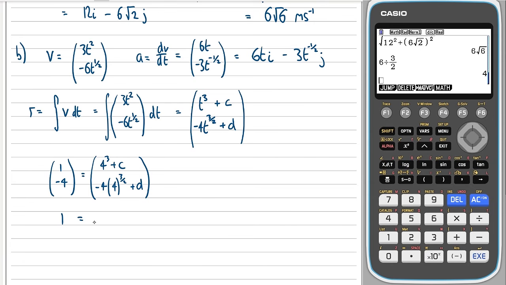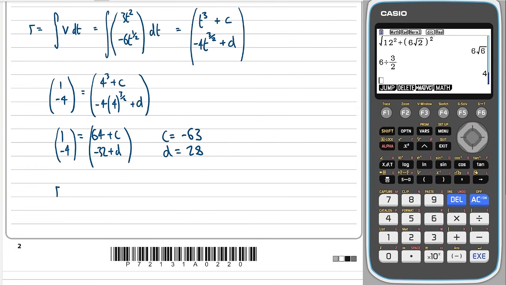So 1 is equal to 64 plus c, and minus 4 is equal to, well, 4 rooted is 2, cubed is 8, times by 4 is minus 32 plus d. So now we can see that c must equal minus 63 and d must equal 28.